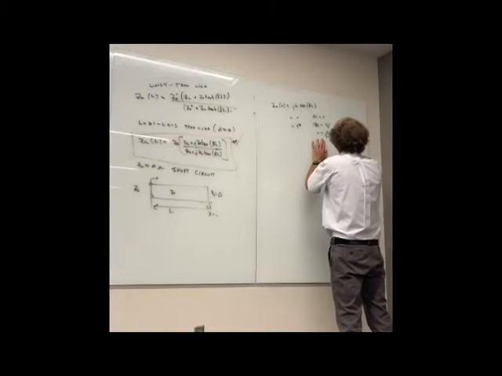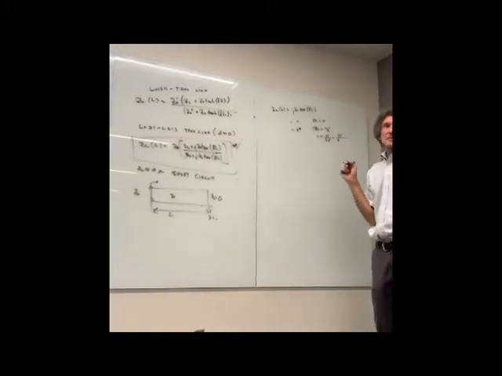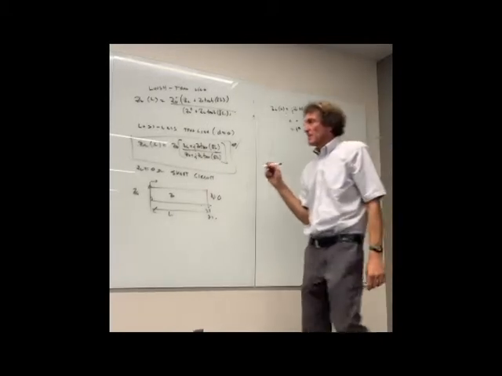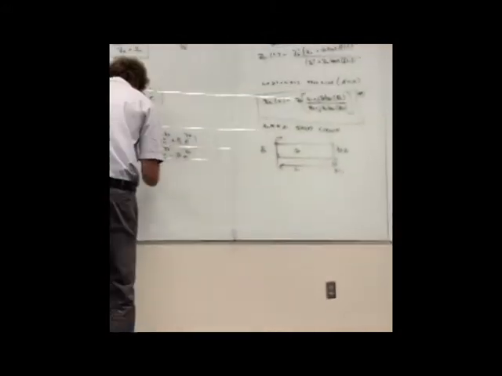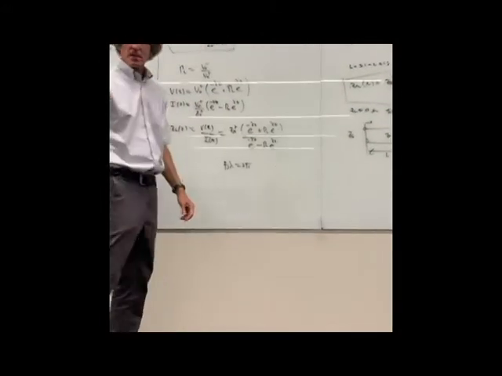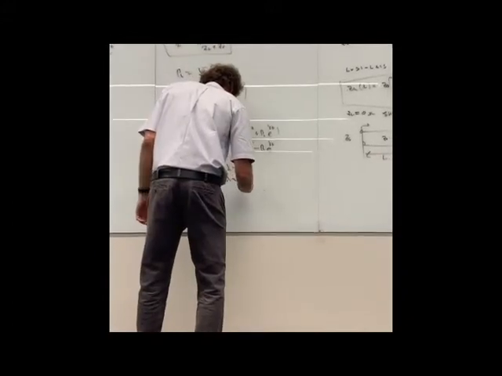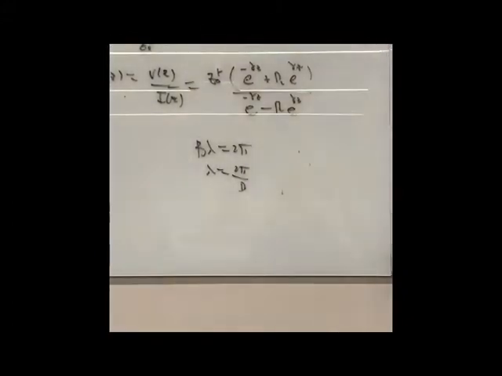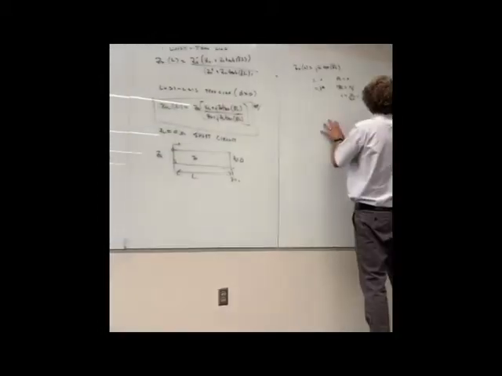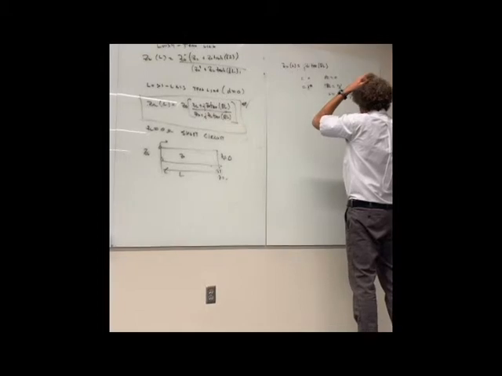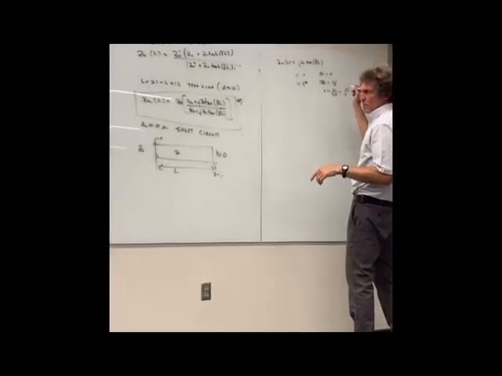What is beta in terms of wavelength? Remember we talked about beta times wavelength equals 2 pi? So wavelength was equal to 2 pi over beta. I mean, beta was 2 pi over lambda.